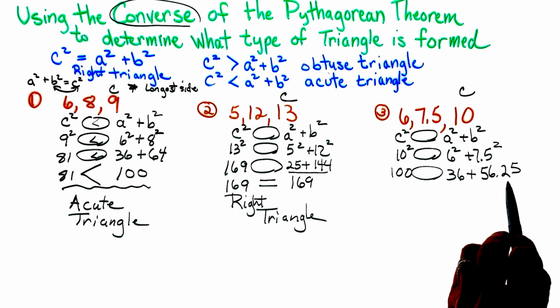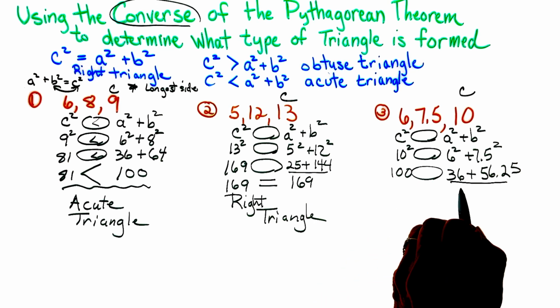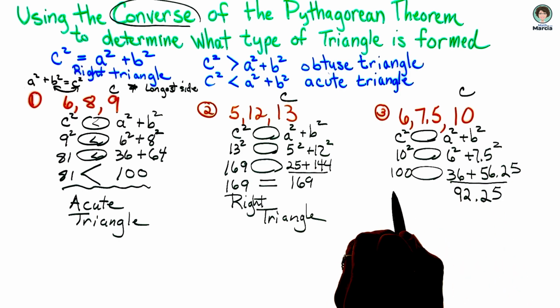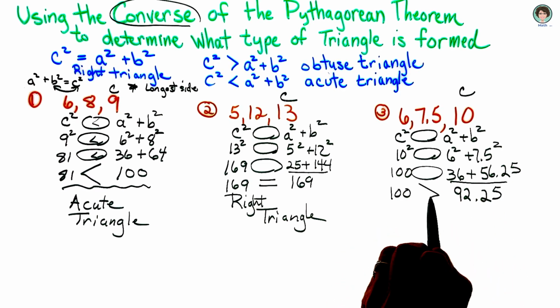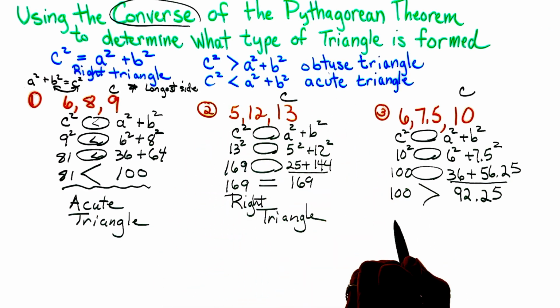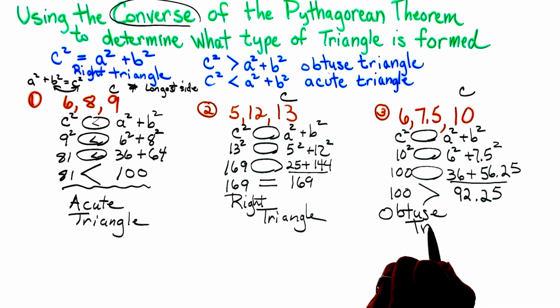When I add those two together, I get 92 and 25 hundredths. And remember, I had 100 here, so this is definitely greater. I look back up to my information and I have an obtuse triangle.